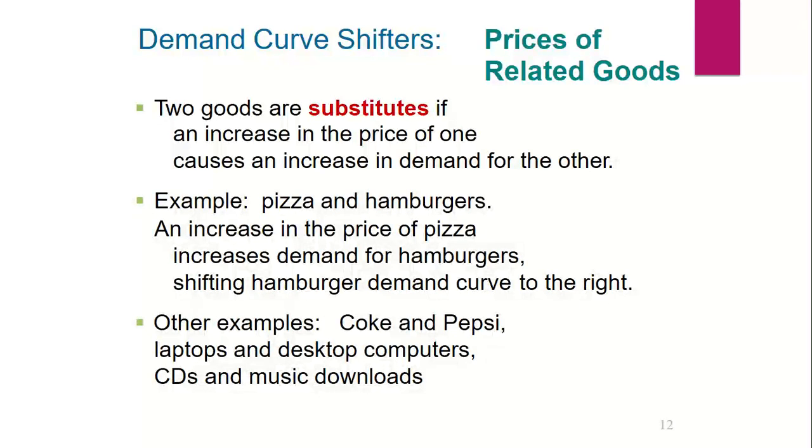Another demand curve shifter is the price of related goods. Two goods are substitutes if an increase in the price of one causes an increase in demand for the other. For example, pizza and hamburgers. An increase in the price of pizza increases demand for hamburgers, shifting the hamburger demand curve to the right.